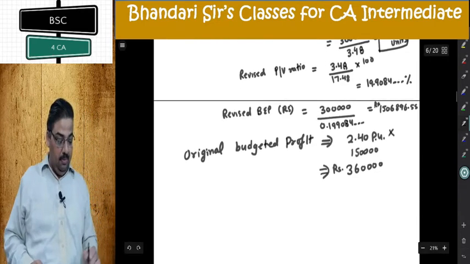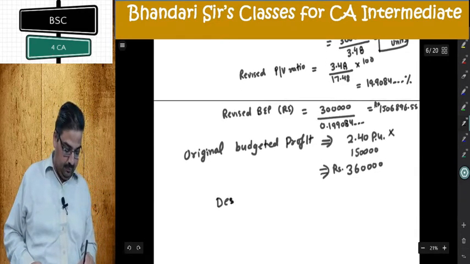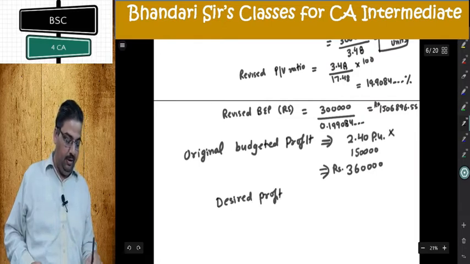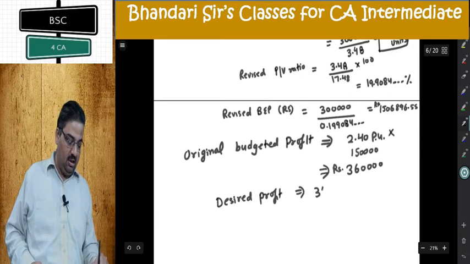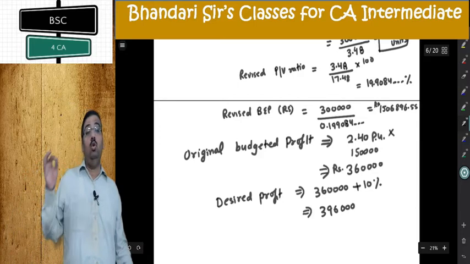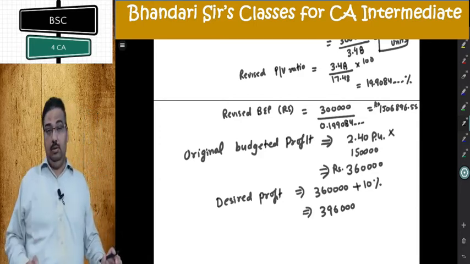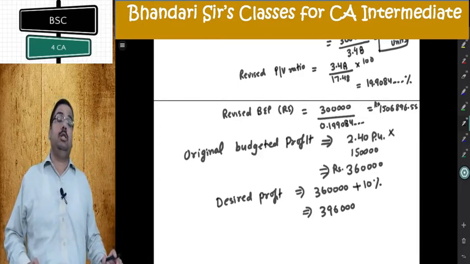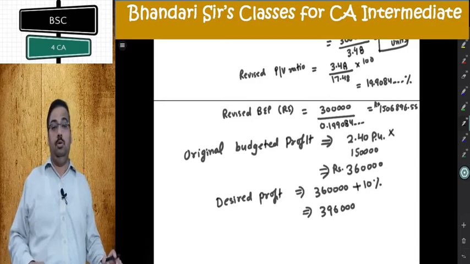Now desired profit is 3,60,000 plus 10%, which is 3,96,000. Now there are two ways of computing the units which are desired to be sold.